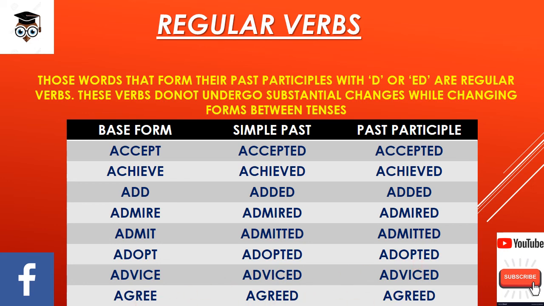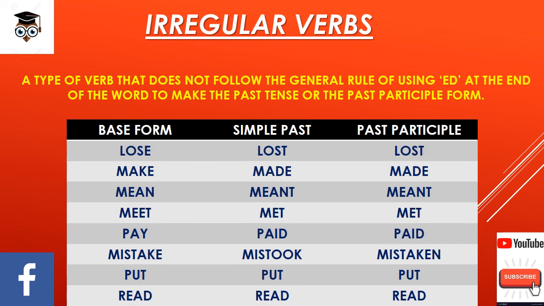These are the irregular verbs, a type of verb that does not follow the general rule of using ED at the end of the word to make the past tense or the past participle form. So the base word is lose, simple past is lost, and the past participle is lost. Make, made, made.